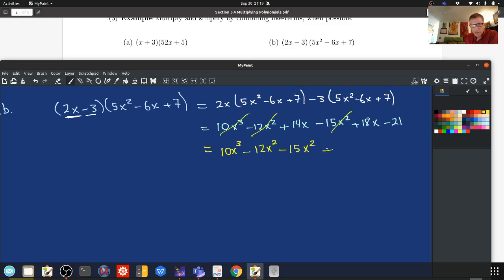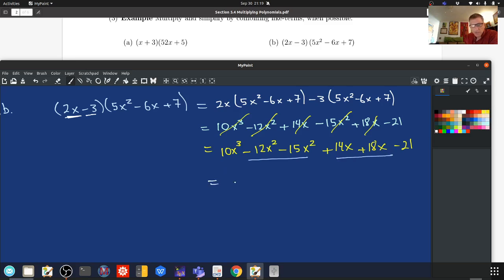Then my degree 1 terms. So I'm just going down in descending order of degree. And then my degree 0 terms are my constant terms. So here are my groupings. These two are like terms, and these two are like terms.